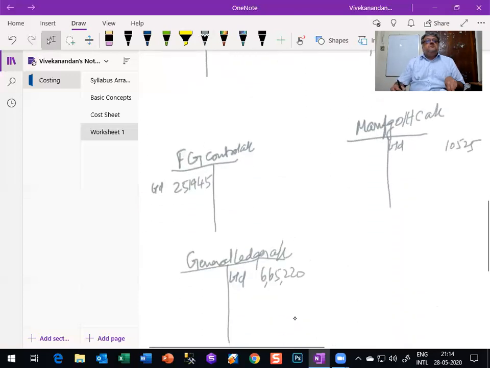Finished goods control account to WIP control account, 2,10,835.